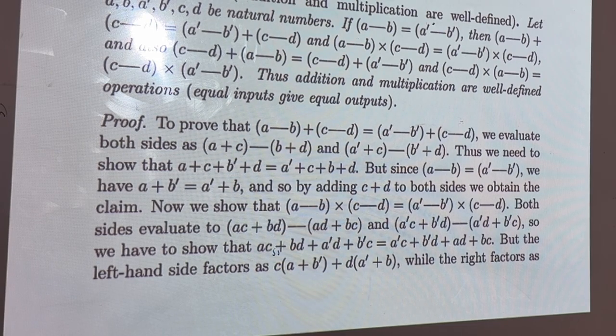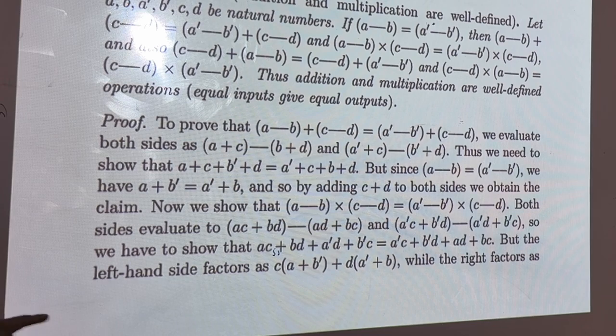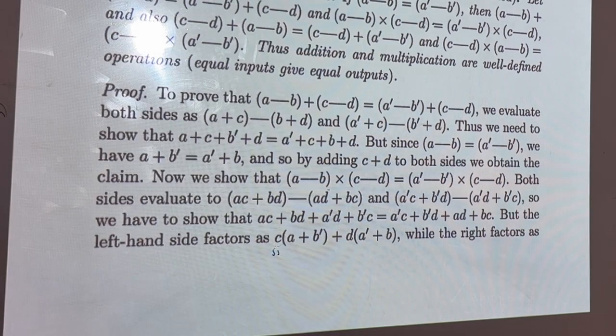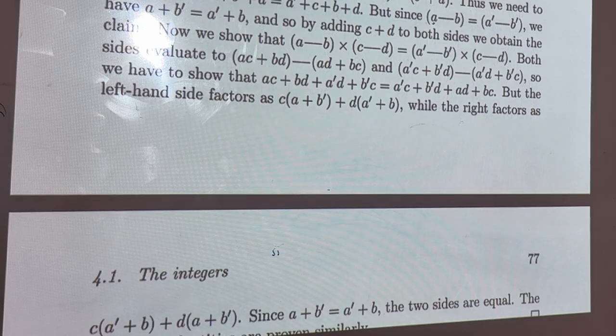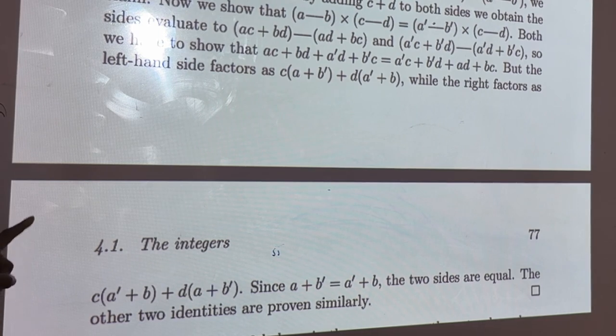But the left hand side factors as C times (A plus B'), plus D times (B plus A'), while the right hand side factors as C times (A' plus B), and D times (B' plus A).